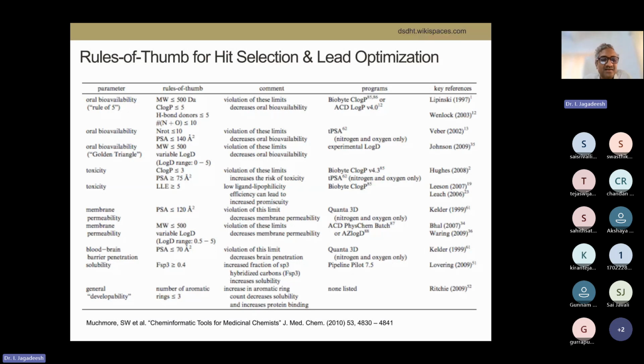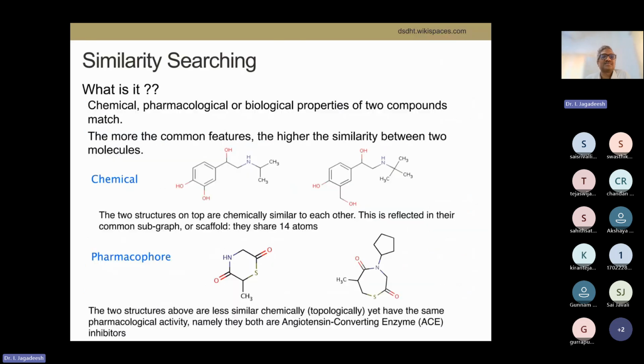So this checklist will give the idea whether you are going to have drug developability, less toxicity, and ADME properties met, and you are going to have very high success rates. So this entire slide, with the comments given, gives you the rules of thumb that we need to consider.